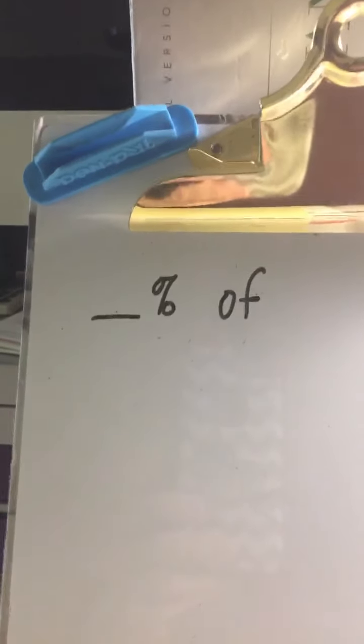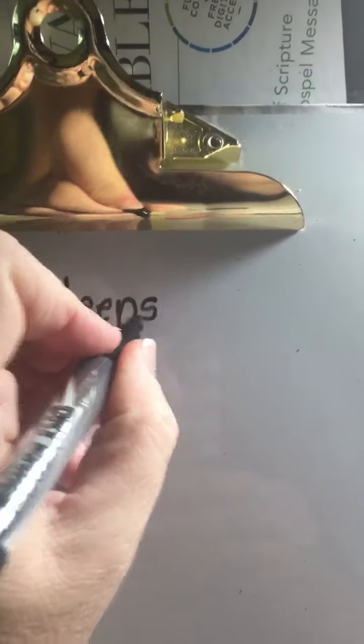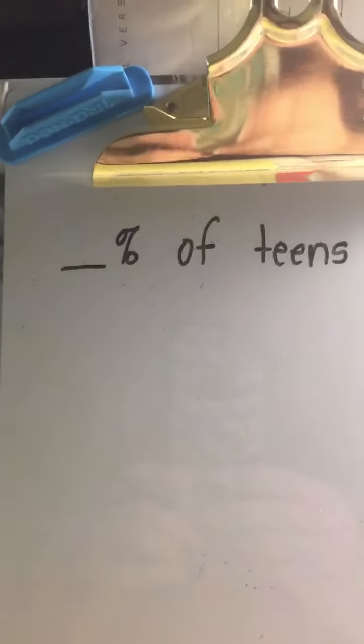All right, so now we have just words that we need to put into a sentence and an equation form so that we can see what we need to do. It says what percent of teens, so I have blank percent of the teens that were surveyed said they read for fun.